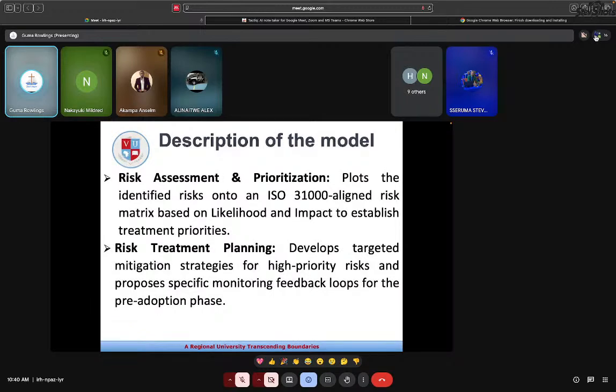Then we also have risk treatment planning. This one involves targeted mitigation strategies for high priority risks and proposes monitoring feedback loops for pre-adoption. This is a pre-adoption framework. So we're looking at before adopting, so that the adoption happens well without any hindrances, without any risks.